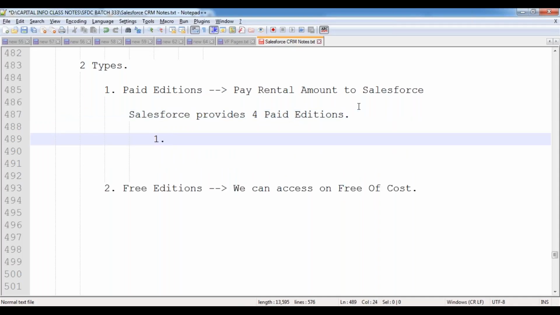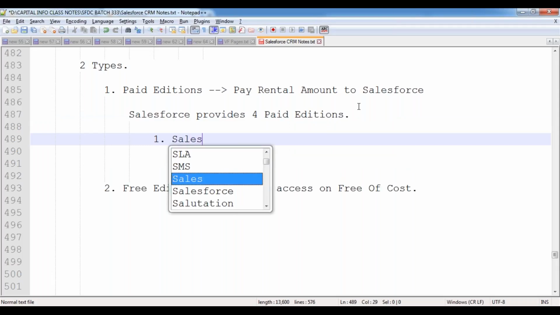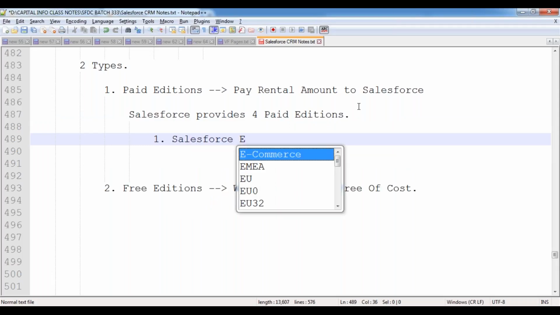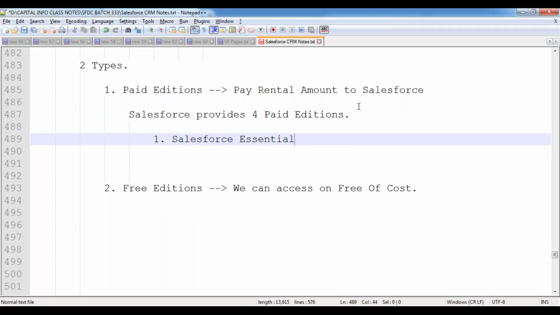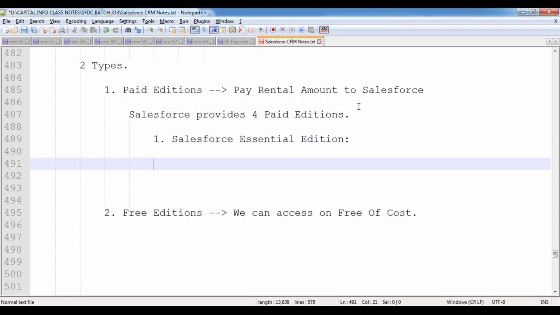The first one, Salesforce Essential Edition. Previously, this was also called Group Edition.